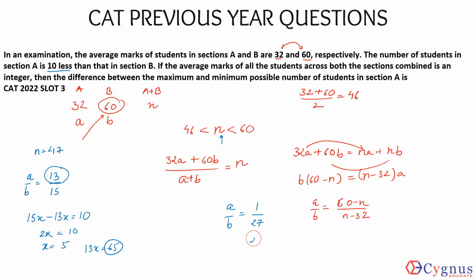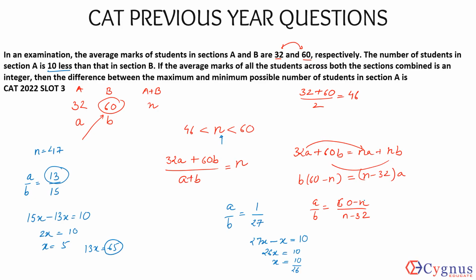So now can we say 27x minus x, which is the difference of these two students, must be equal to how much? This is equal to 26 and which is given equal to 10. So 26x will be equal to 10. So you will not get the value of x as an integer, which comes out to be 10 by 26. So I cannot take n equal to 59 here.